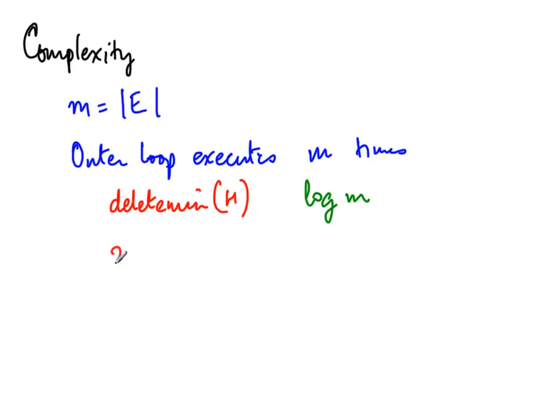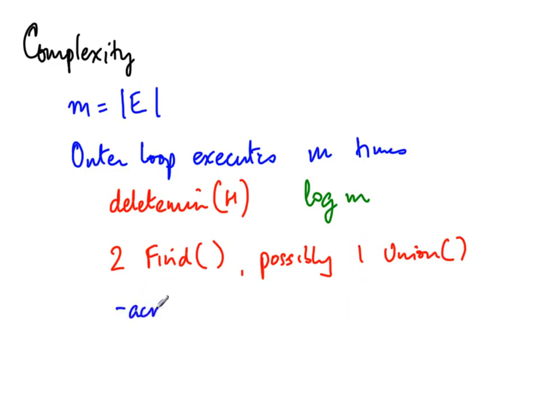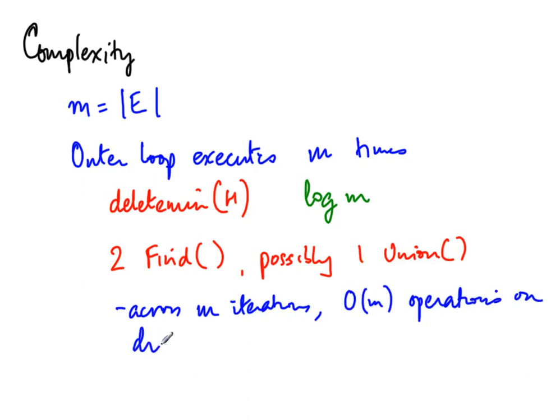Then we do two finds and possibly one union operation. We do the union operation only if this particular edge is included in our tree, otherwise we find the two endpoints and we proceed. So in general, across all these m iterations, we have order m operations on this disjoint set data structure.